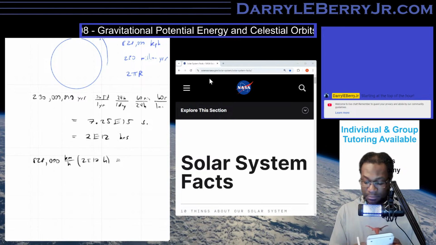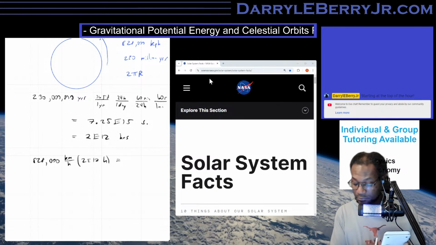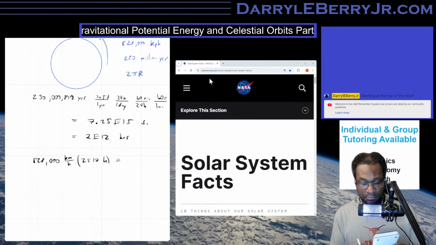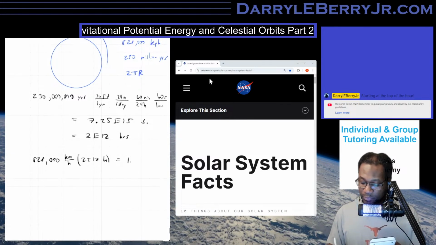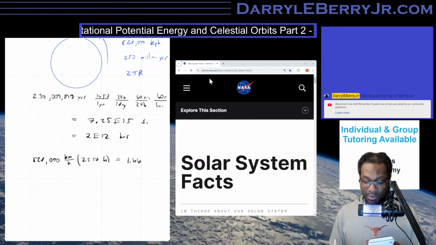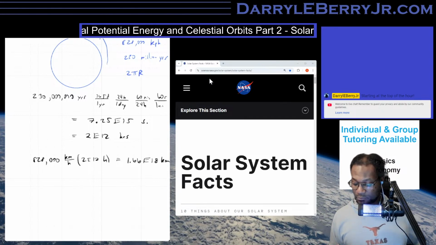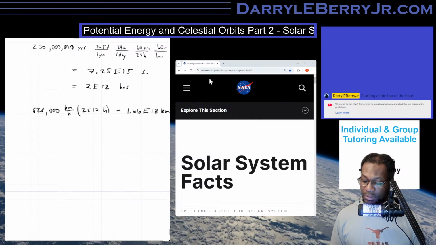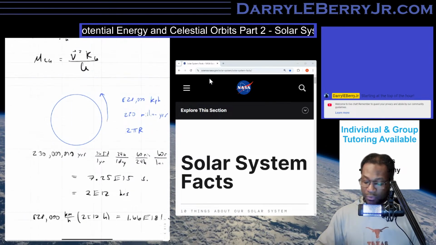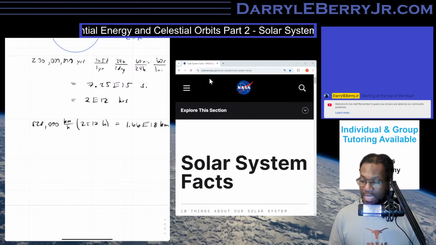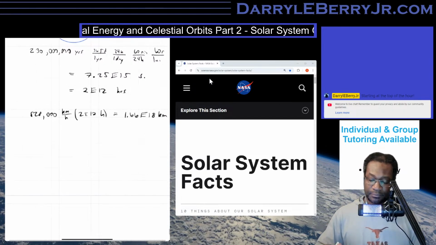We get 1.66 times 10 to the 18 kilometers. That's how long the orbit of our cycle around the galaxy is.